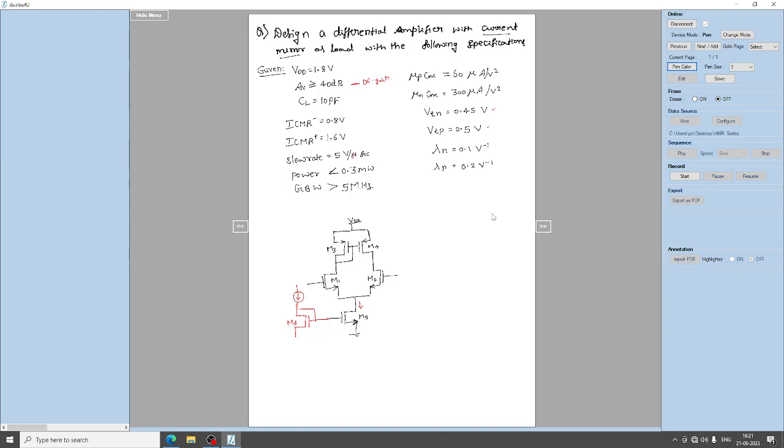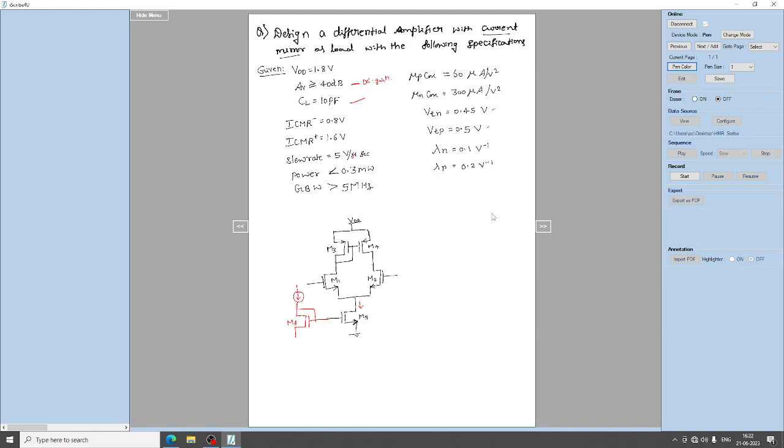If any other stage is cascaded with this circuit, the input capacitance of the next stage will be the load capacitance of the current stage. So this will be the fan out kind of specification for the current circuit, and it also includes the parasitic capacitance as well.